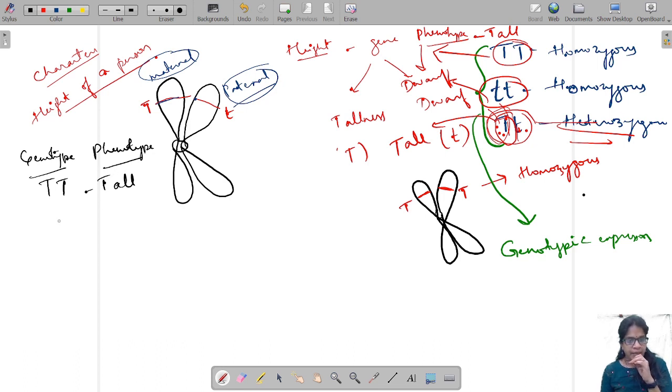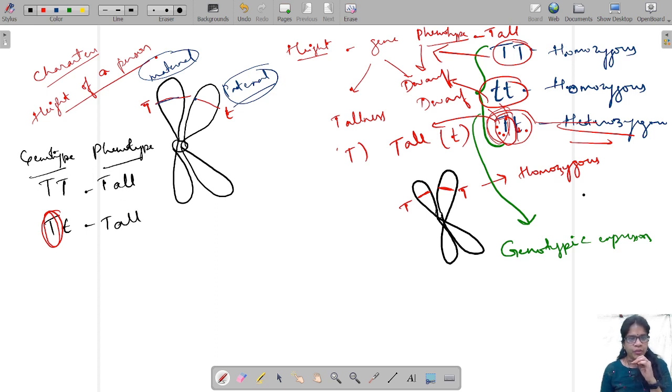Though two copies are present, this is expressed more, and hence the people with the heterozygous condition are still tall.